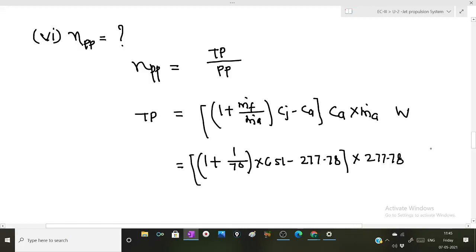This will be thrust power in watt per kg per second of air. If I multiply this by mass flow rate of air, it will be in watt.